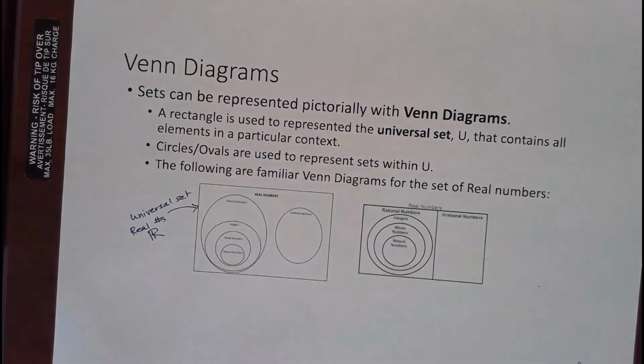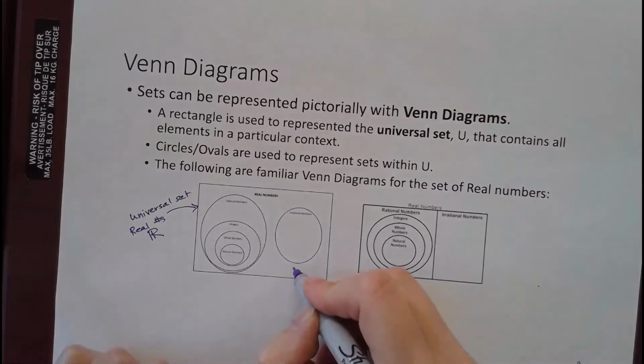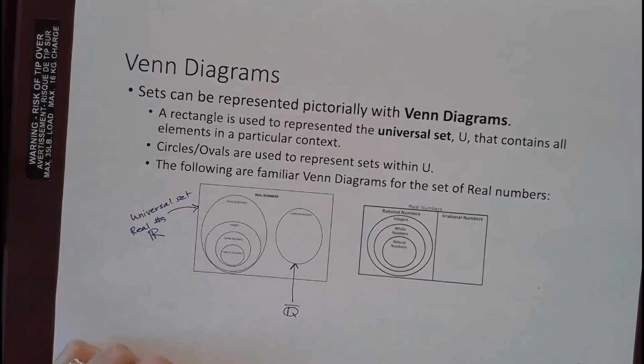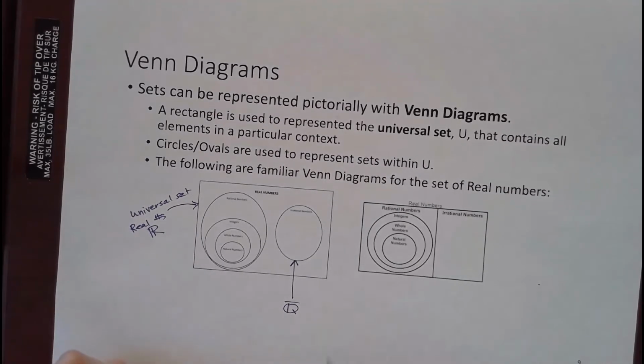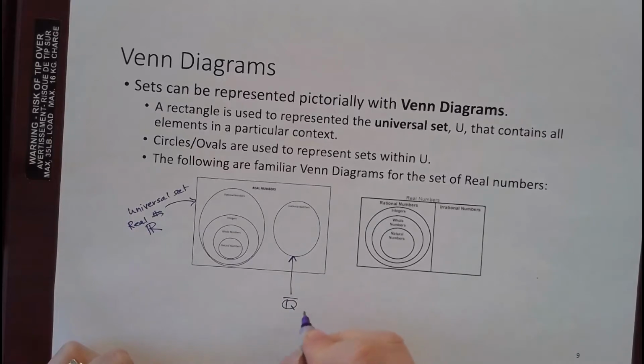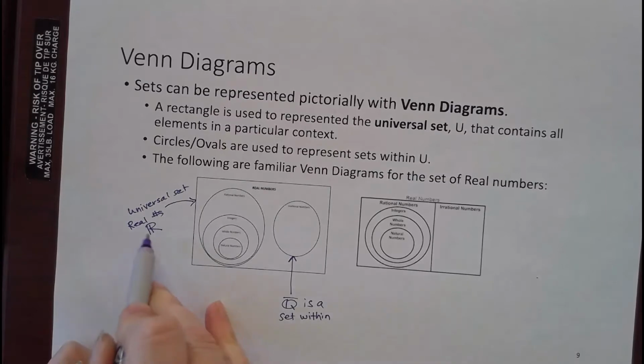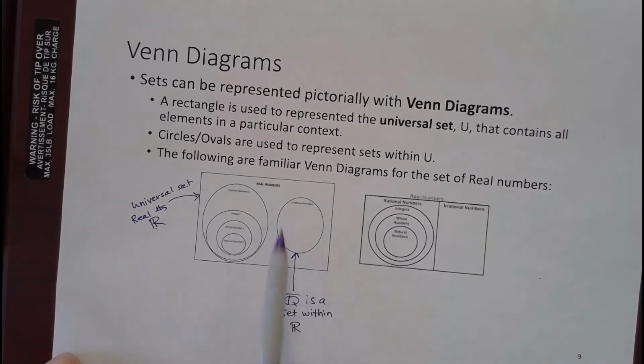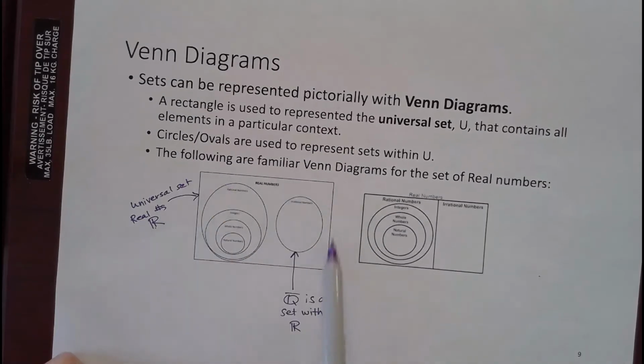And then we see various ellipses and circles, or whatever you want to call them, that are inside. I know the words are kind of small, but this little oval here is telling us that the irrational numbers, that's the symbol we use for irrational, is a set within the set of real numbers, R. So within its universe, this oval represents the irrational numbers, and it's inside this rectangle.